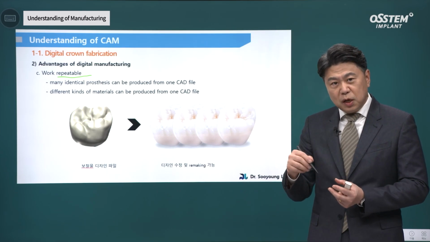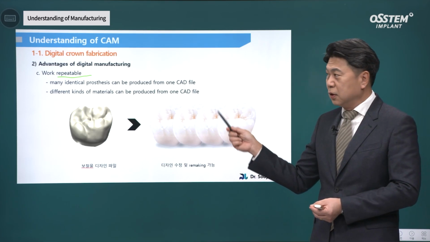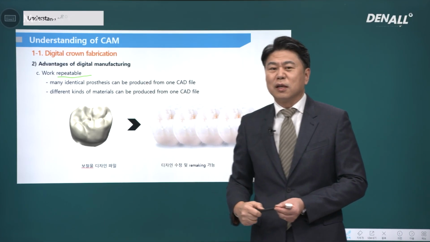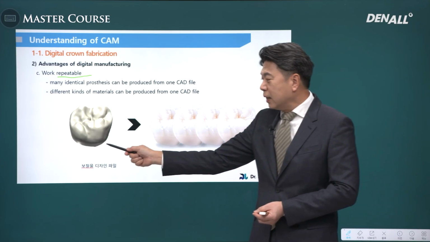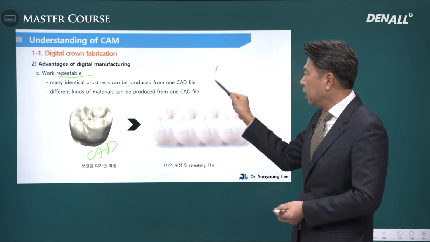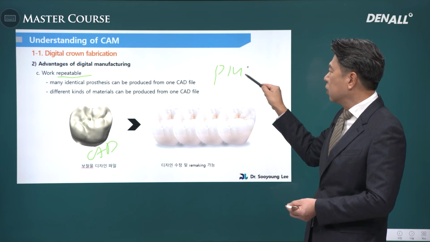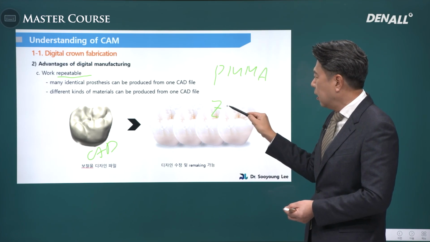And we make an appointment for the next day, and we bring out the patient information from our hard disk. We just need to repeat the milling and sintering, so it is a repeatable, very big advantage. And with the same CAD design, we can mill with PMMA and with zirconia.